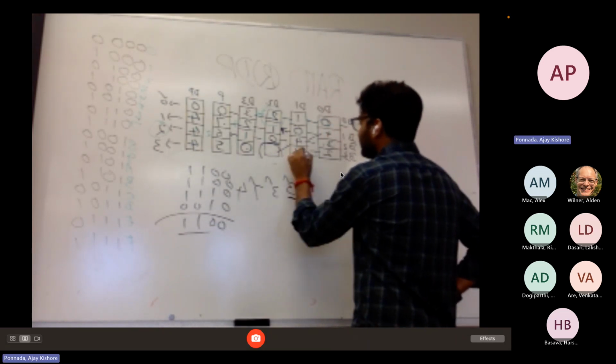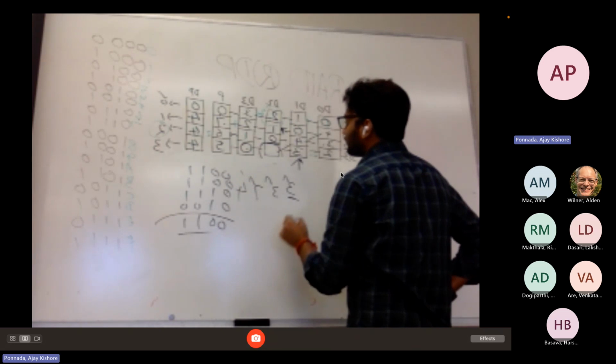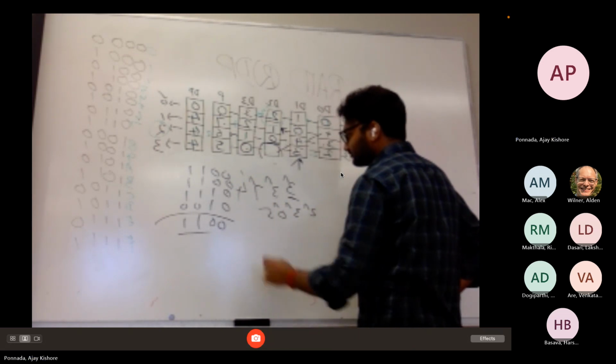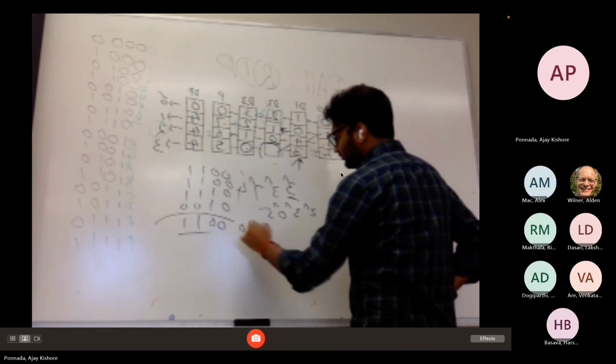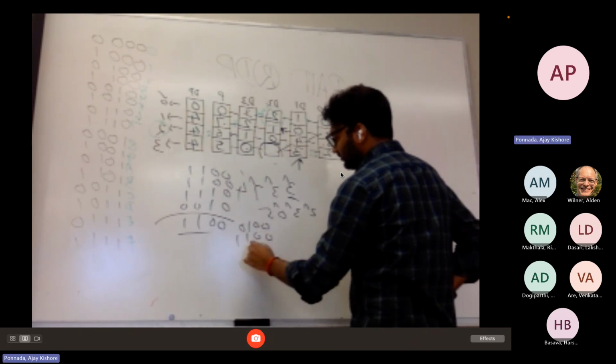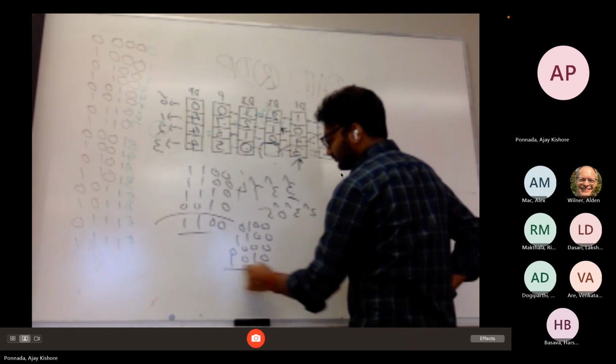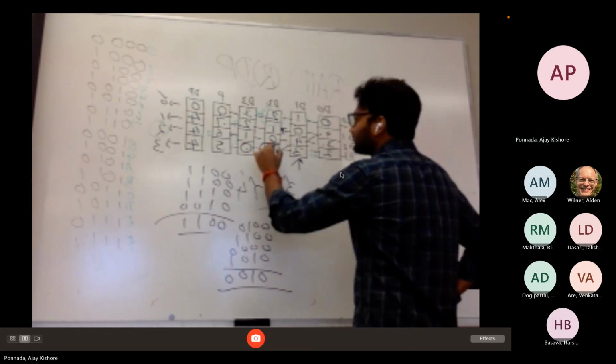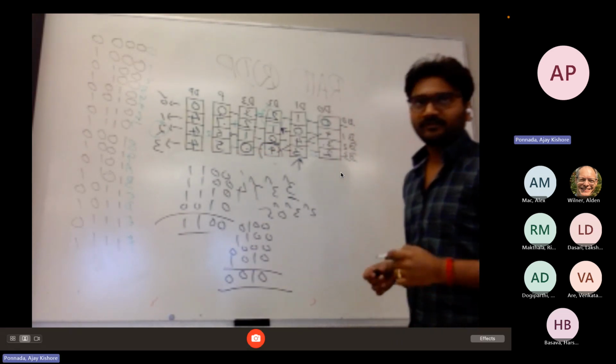We can use the stripe. So 2 XOR 3 XOR 0 XOR 5. 2, 3, 0. What's 5? We have reconstructed it, right?